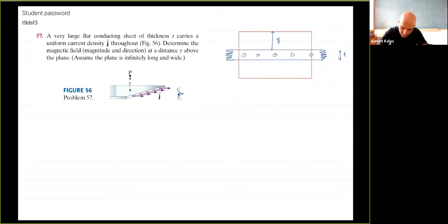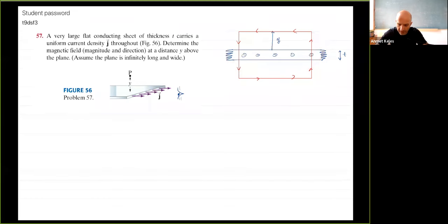So B here, whatever happens, is exactly like the B's here, but the directions are switched. From here to here, I have a reverse direction. So whatever I calculate from here is going to be canceled with this one.